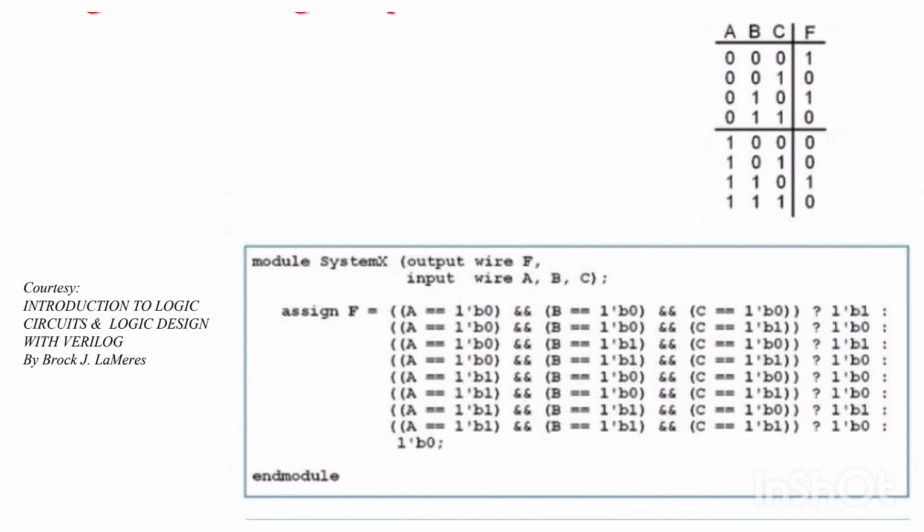Then for the third combination, that is 0 1 0, the output is shown over there towards the end of that third row, you will be able to find 1'b1, meaning 1 will be the result.